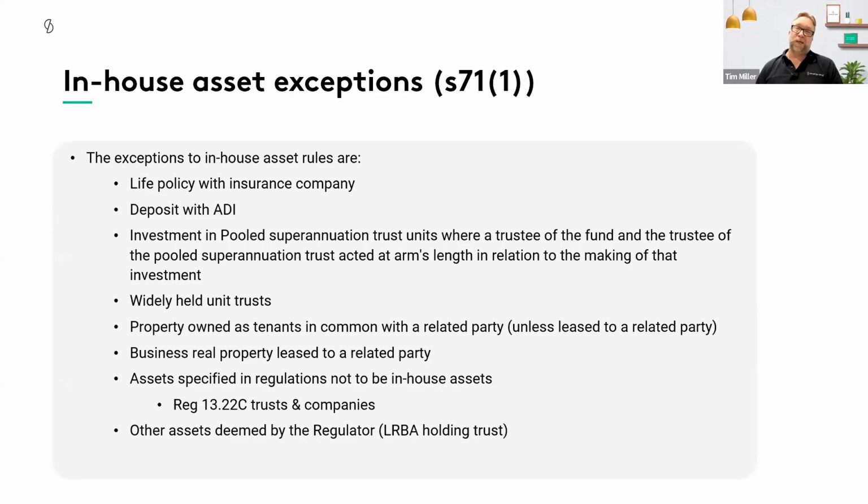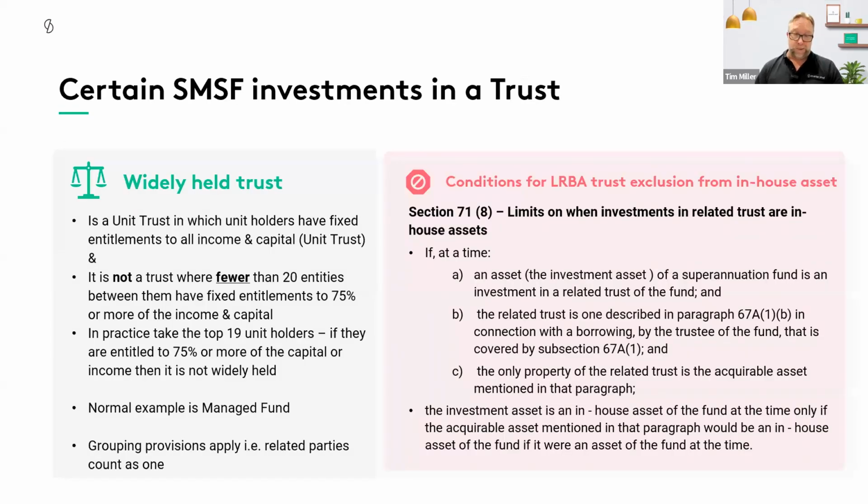The expansion of that is that we then got other assets as determined by the regulations, and that's where 13.22C comes in, that became exceptions to the rules. So when we're working through the rules, not only is it important to understand what is an in-house asset, but more importantly, what isn't an in-house asset, to ensure that we don't run into any problems and understand when we can invest 100% versus 5% of the assets of the fund.